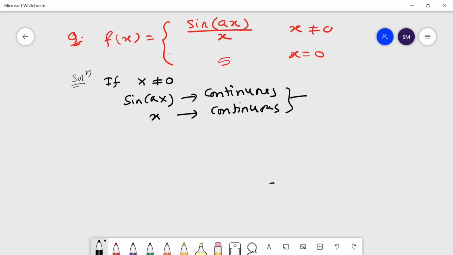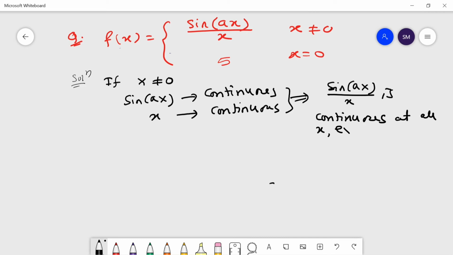This implies sine ax over x is continuous at all x except x equal to 0. Now at x equal to 0, so take the limit.